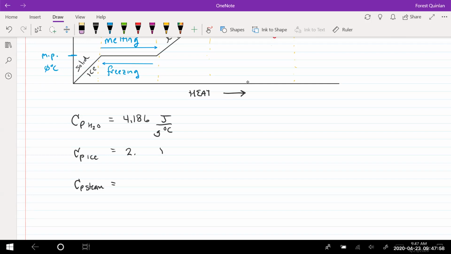That actually makes a little sense because I have 75 for water and 37 for ice, so it should be about half. 2.1. And then it has 1.99 joules per gram Kelvin for steam. And I can go ahead and put degrees Celsius because Kelvin and degrees Celsius, that change is going to be the same.